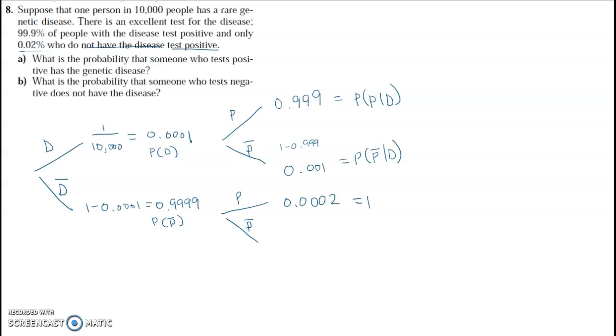So this is P of positive given no disease. And of course, you guys can do the math: 1 minus this 0.0002 value would be 0.9998. And this is the probability of negative when the disease is not there.